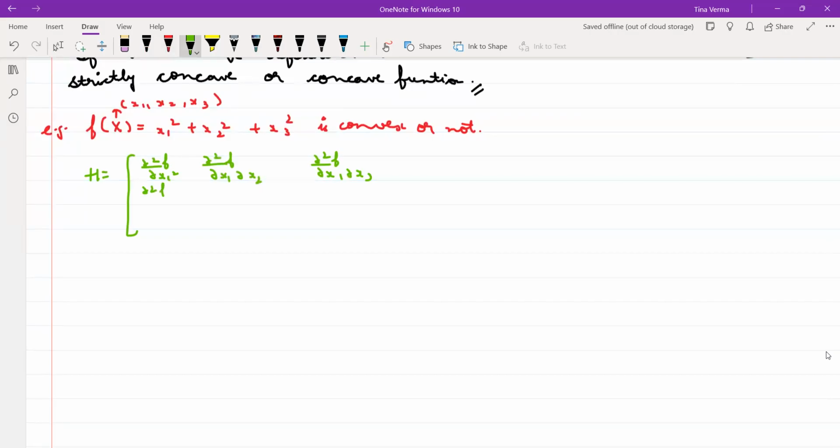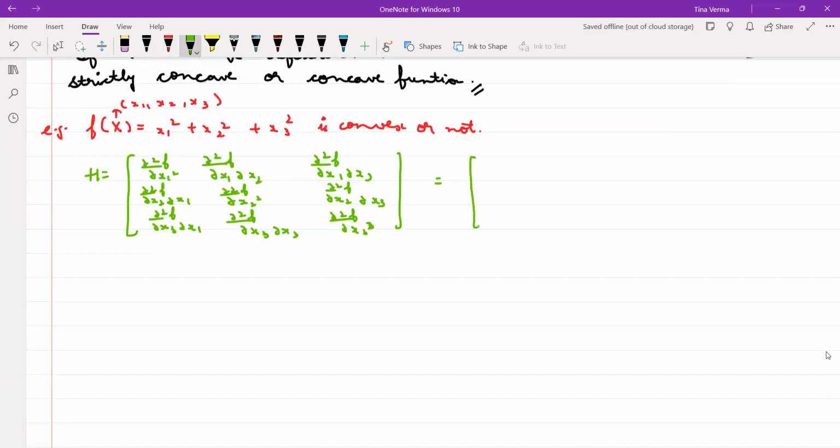This is curl squared f by curl x2 curl x1, curl squared f by curl x2 square, curl squared f by curl x2 curl x3. This is curl squared f by curl x3 curl x1, this is curl squared f by curl x3 curl x2, and this is curl squared f by curl x3 square. That means the partial derivative with respect to, we will take x1 and x2, the double derivative.